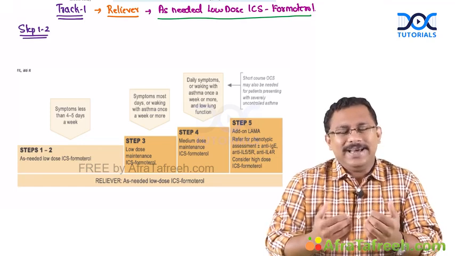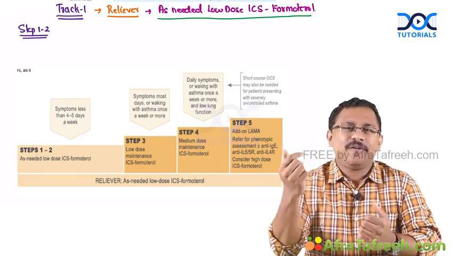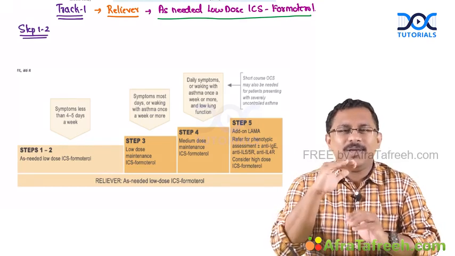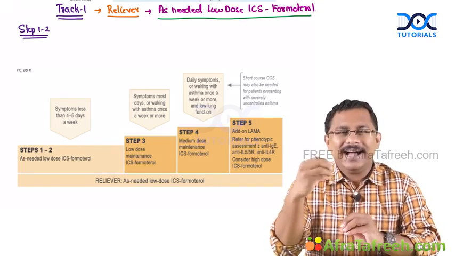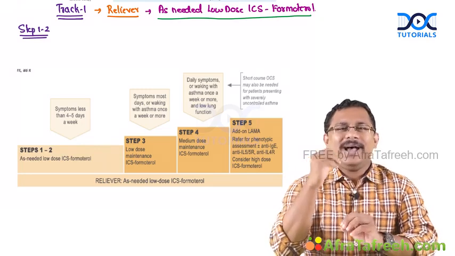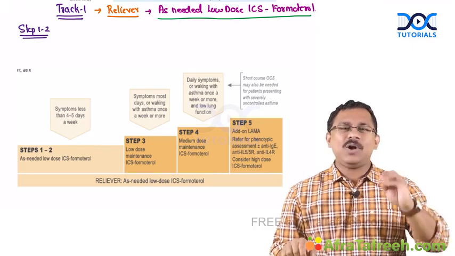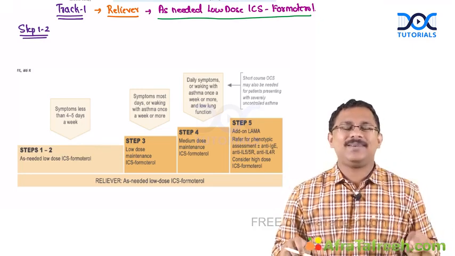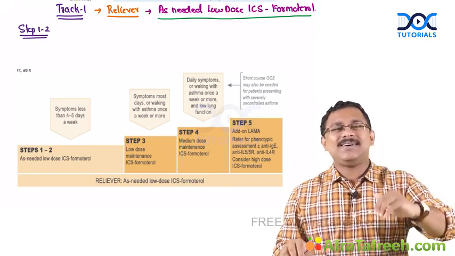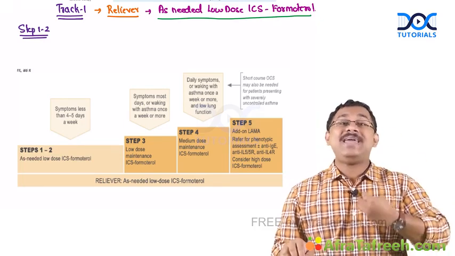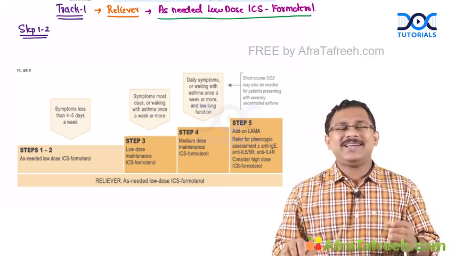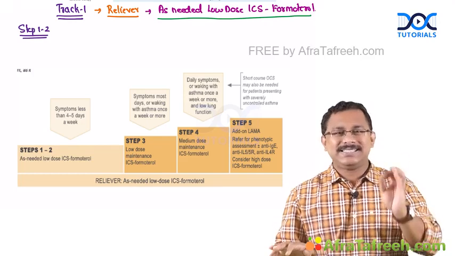See, what I mean is that in case of the reliever therapy, you are giving as and when needed ICS formoterol. And the ICS formoterol that you give as and when needed will serve as a controller therapy as well for patients who are categorized as step 1 and 2.